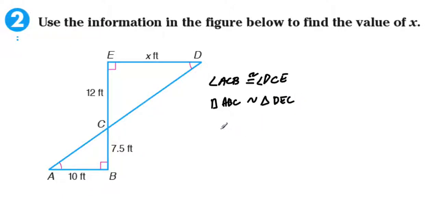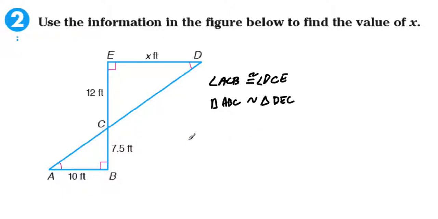And be very careful about this: when you say triangle ABC is similar to triangle DEC, DEC should correspond to the angles of ABC. So angle A and angle D are corresponding angles, angle B and angle E are corresponding angles, and obviously they're both angle C right here, so they also correspond.